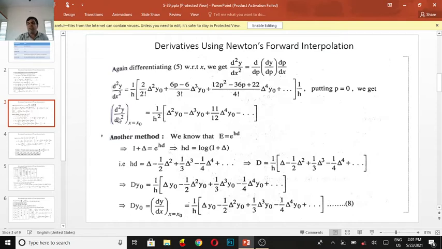This is the way to find the second derivative at x equal to x₀ when p equal to 0.